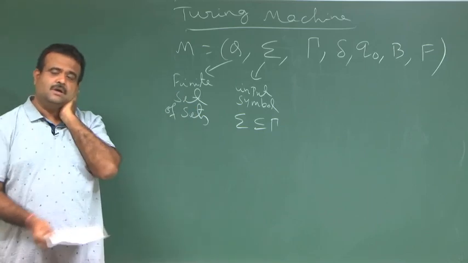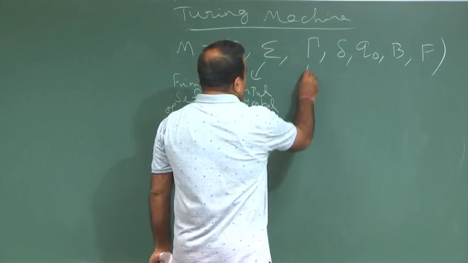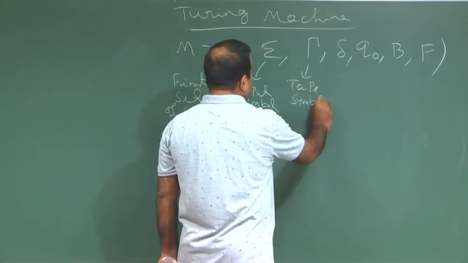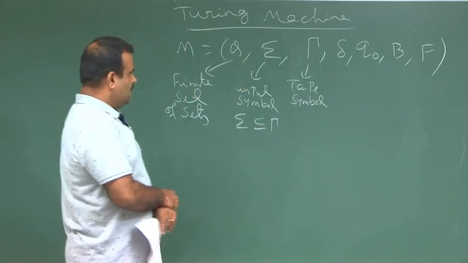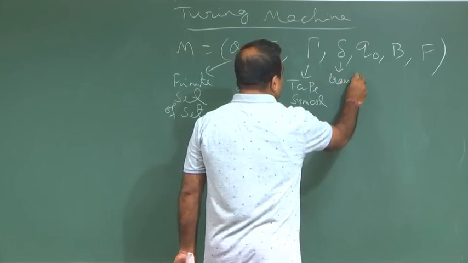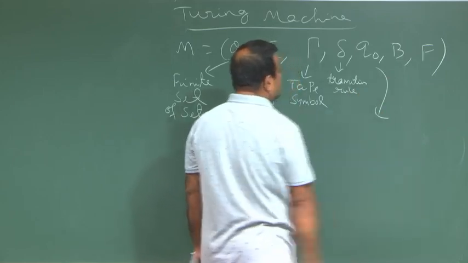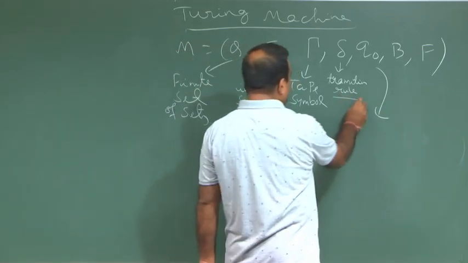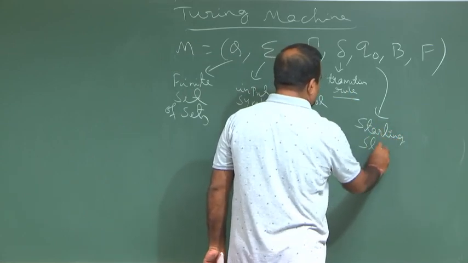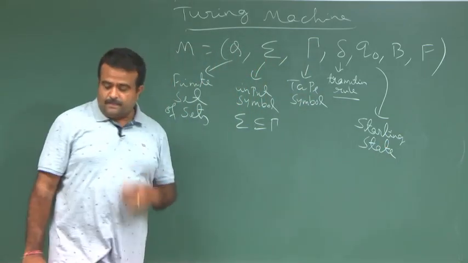The tape symbol set is a collection of all symbols including B, and this is also finite. All are finite. And delta we have to define; this is the transition function or transition rules. This is the starting state. Okay. And B is the blank symbol.